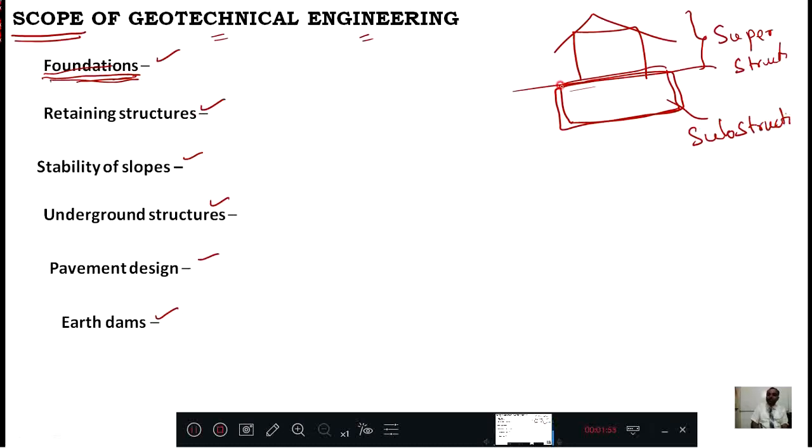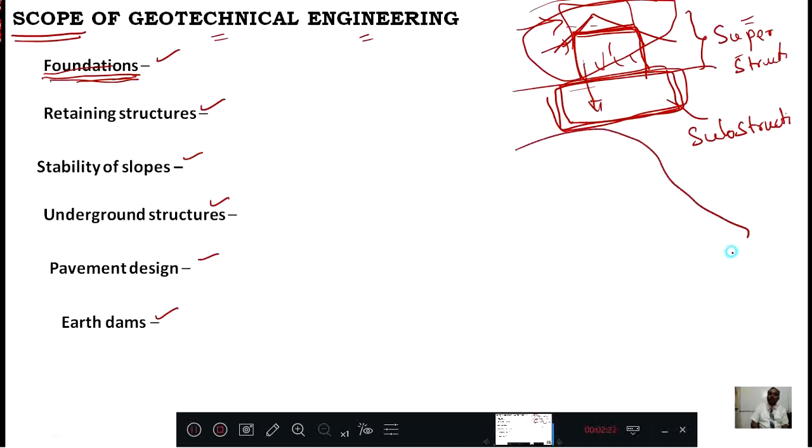The function of the substructure is to transfer the load. This is a building. It will have slabs, beams and columns, and live loads, people going and coming, and if it is a very tall building, wind pressure. Many forces are applied to the superstructure, and we need to transfer those forces to the ground.